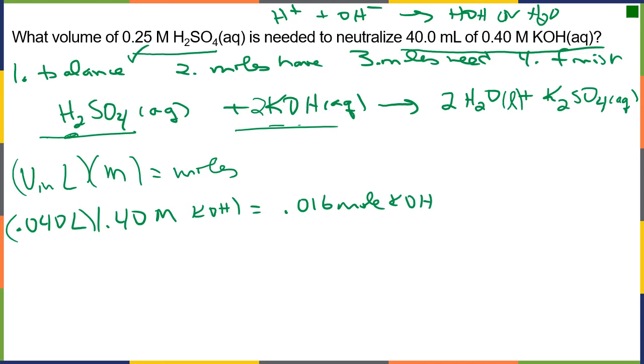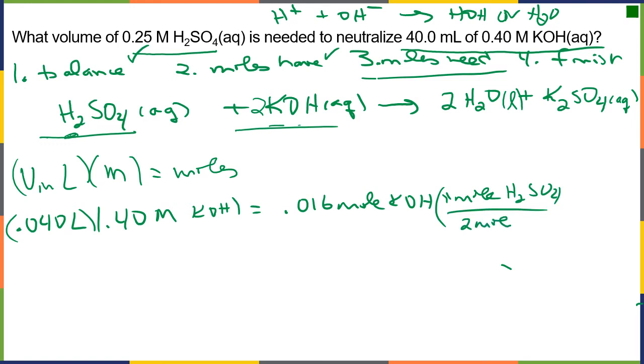We know our next step is moles of what we need. Well, moles of what we need is sulfuric acid. We know our ratio is 2 to 1, so we have 1 mole of H2SO4 for every 2 moles of KOH from our nice balanced equation.